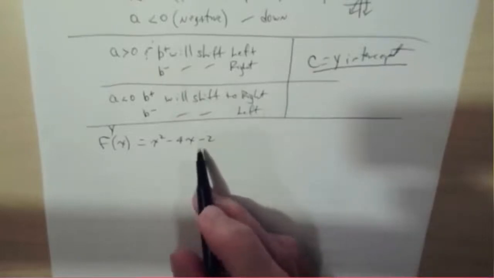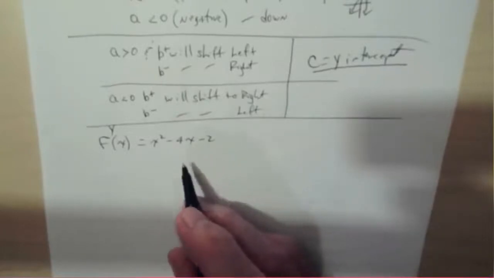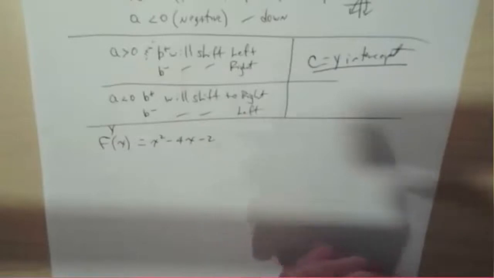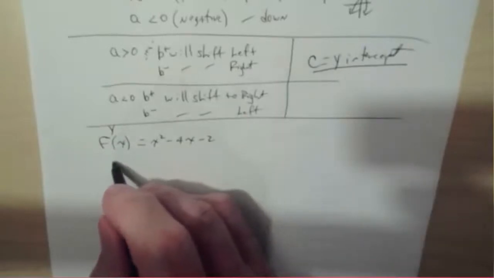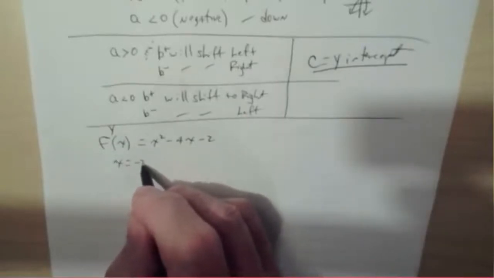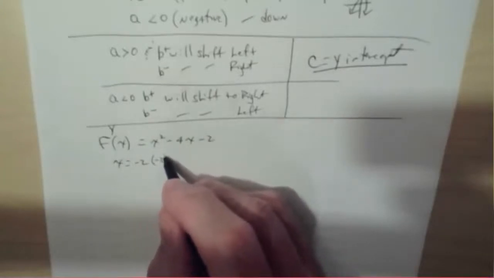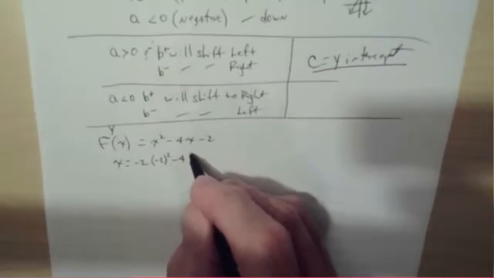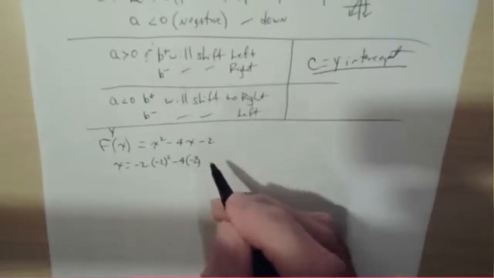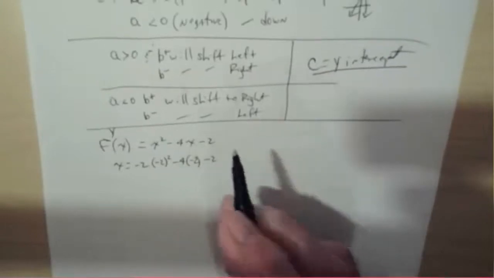So if we have this, and if x is negative 2, we plug negative 2 in here, squared minus 4 times negative 2 minus 2.